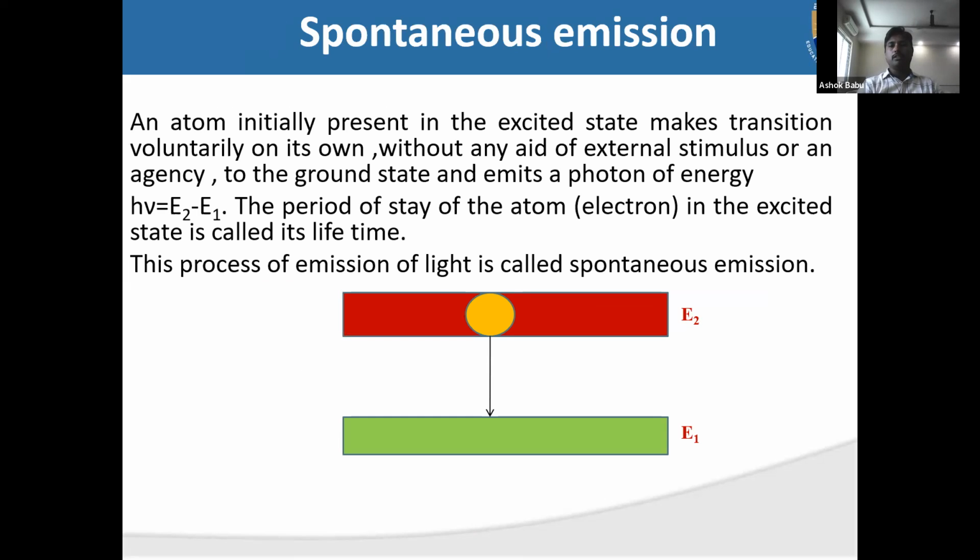What is the difference between the two? One occurs before completion of lifetime, and the other occurs after completion of lifetime. Which one occurs before completion of lifetime? Stimulated emission. Spontaneous emission occurs after completion of lifetime, voluntarily. For example, this atom has a particular lifetime, right?